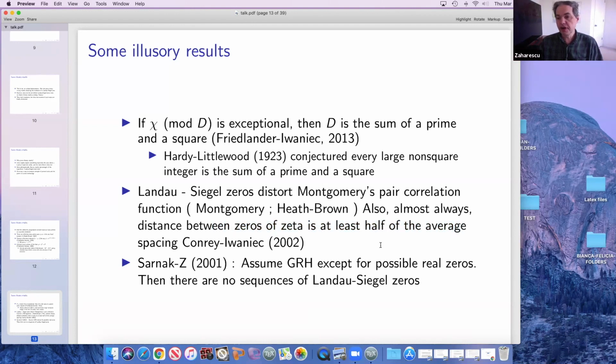So if you can find zeros of the Riemann zeta function, which has nothing to do with this Dirichlet function, where the distance is significantly smaller than the average, like 1/3 of the average, and if we find lots of them, that would disprove the existence of Landau-Siegel zeros.